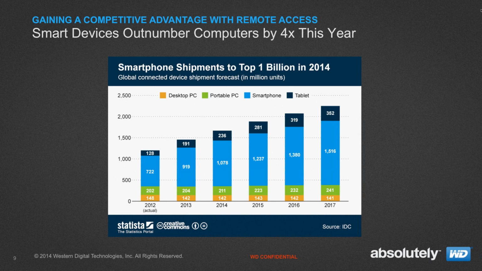These are great devices for doing a lot of consumption. They're typically not great for creation of productivity files and things like that. But we really want to take the things that we used to do with our desktop and portable PC and start to do more of those things on our smartphone and tablet. And thanks to remote access, we're going to enable a lot more productivity capability on these smart devices.